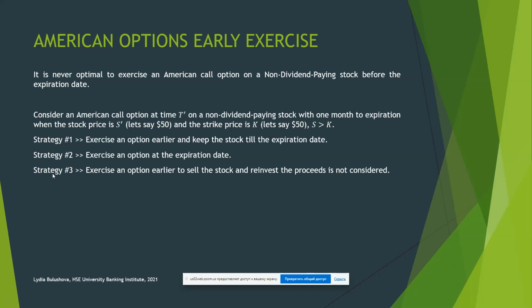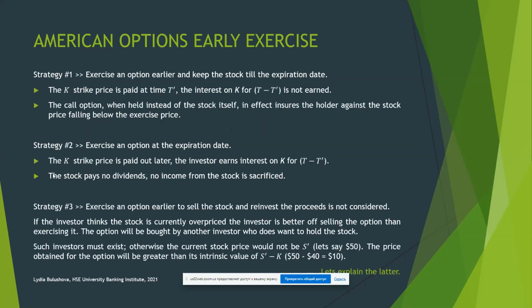As for the first and the second strategy, should we exercise an option earlier and keep the stock, or should we keep an option? What is better? What is more profitable? So consider the first strategy. We'd like to exercise an option earlier, and we'd like to keep the stock.